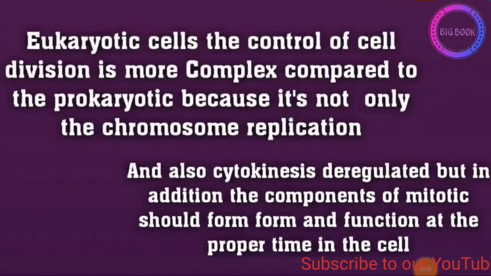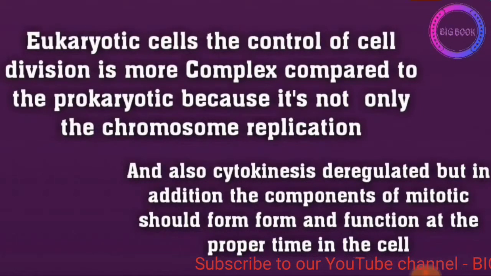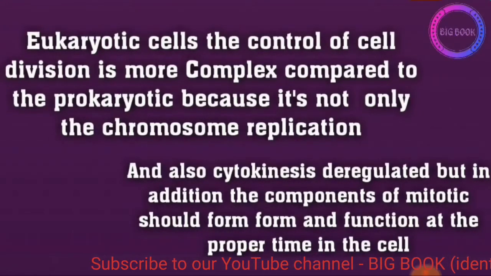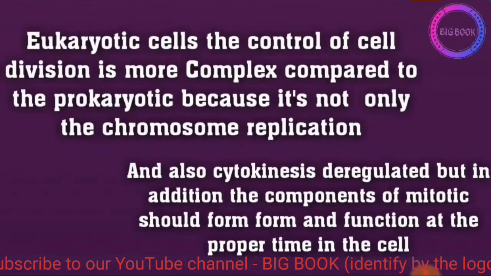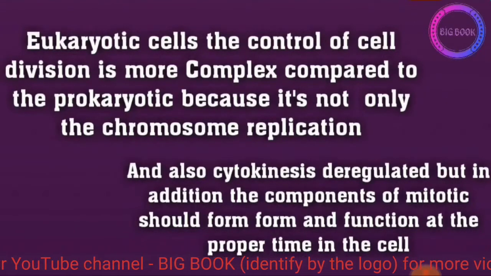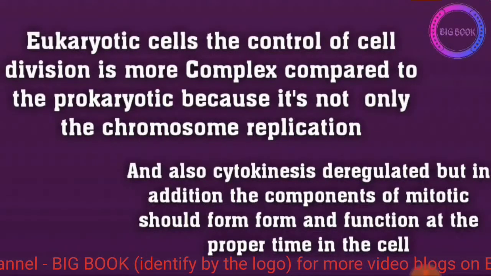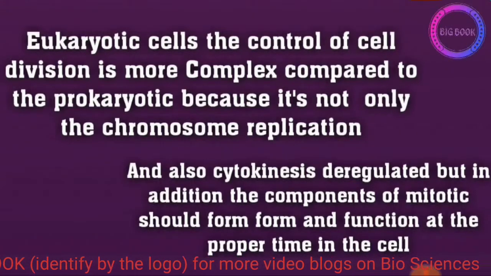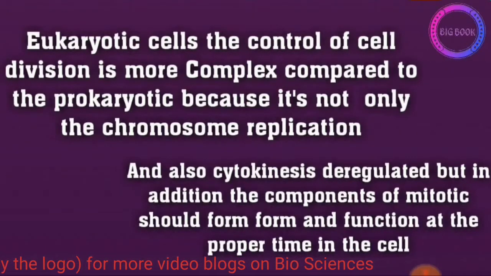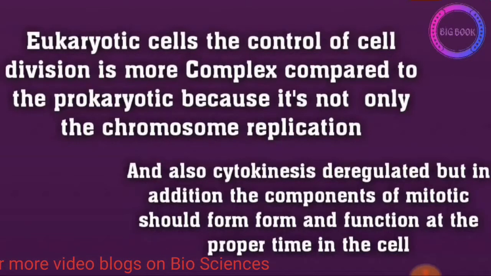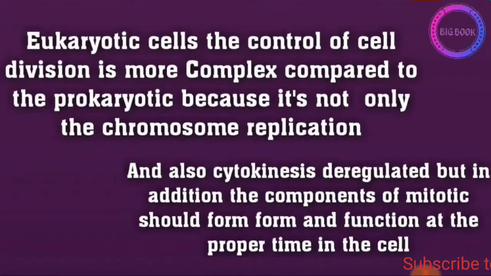In eukaryotic cells, control of cell division is more complex compared to prokaryotes, because it is not only the chromosome replication. In eukaryotes, it is also about the G1 phase and the G2 phase, where the G1 phase is responsible for the S phase, where the molecular mechanisms, changes or preparations are going to happen.